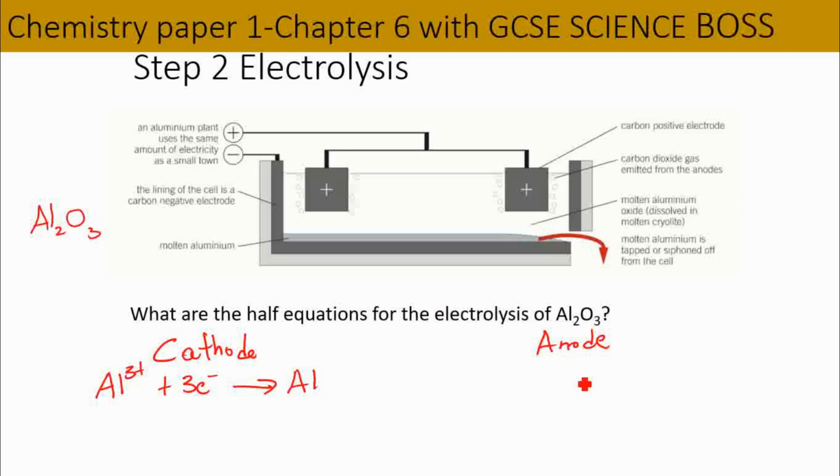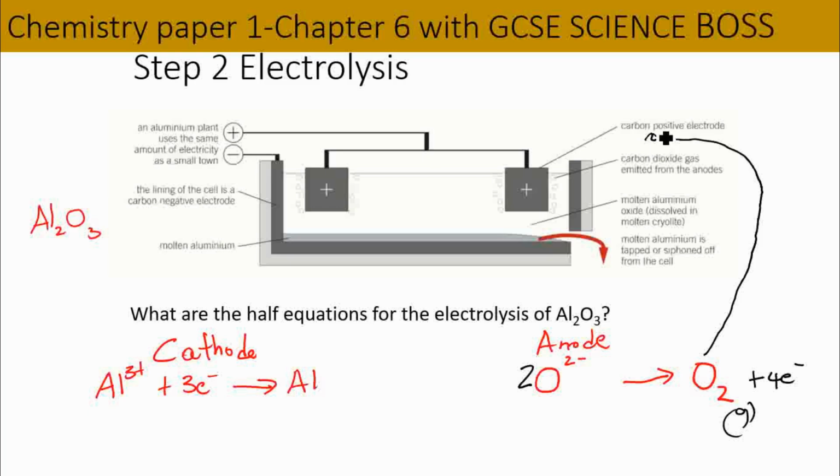Now at the anode, your oxide ions, your O2-, what will happen? It will then form oxygen gas, and then we need to balance that equation, so we're going to put a 2 in front of that. Remember, oxidation always happens at the anode, anox. So each oxide is going to lose 2 electrons, so it's going to lose a total of 4 electrons. Now this oxygen, which is produced at the anode, can combine with the carbon positive electrode.